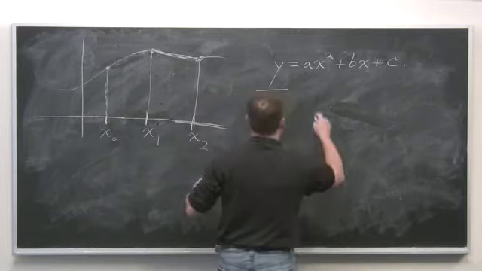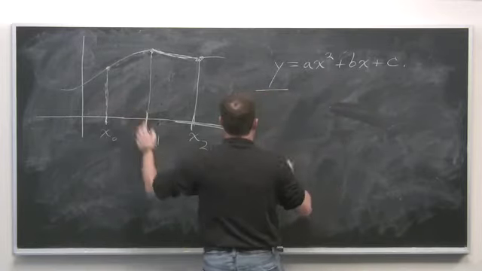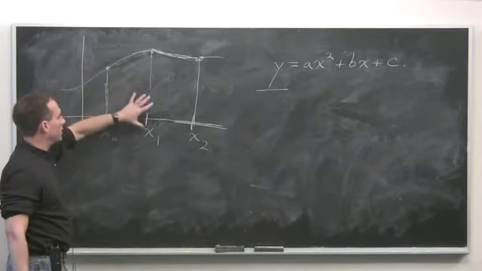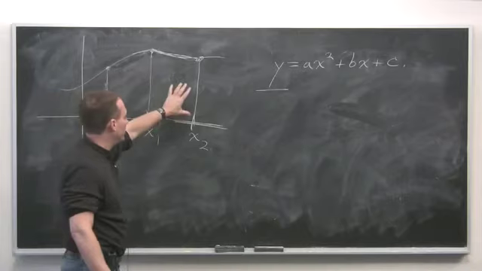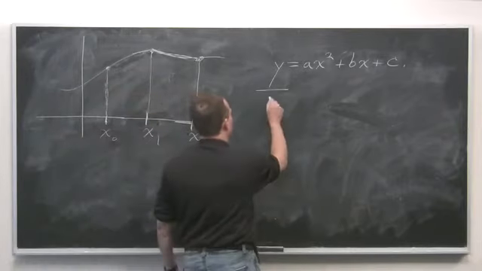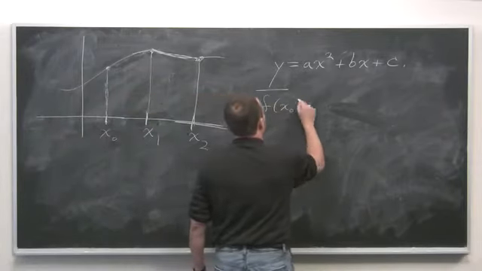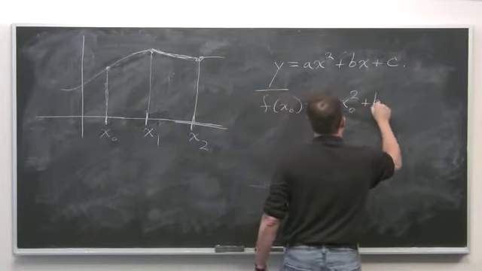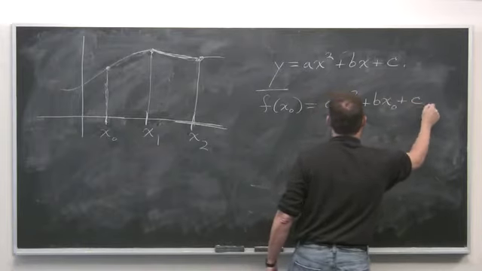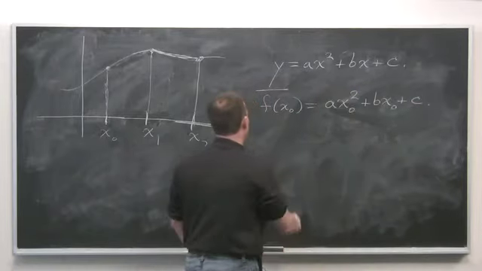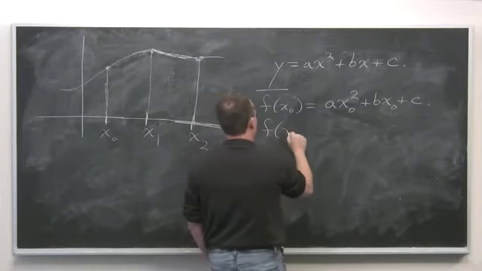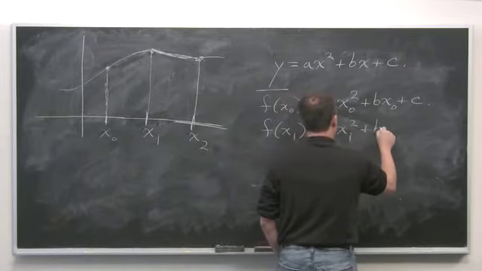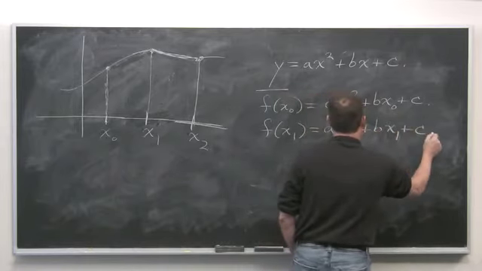So you want the point x0, f of x0 to satisfy the equation. You want x1, f of x1 to satisfy the equation. You want x2, f of x2 to satisfy the equation. So you have to solve these 3 equations for A, B, and C in terms of x0, f of x0, x1, f of x1, and x2, f of x2. And you can do that. That's part of the algebra that I don't want to do.